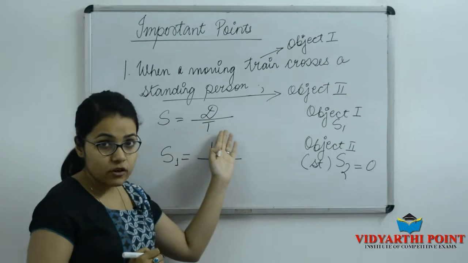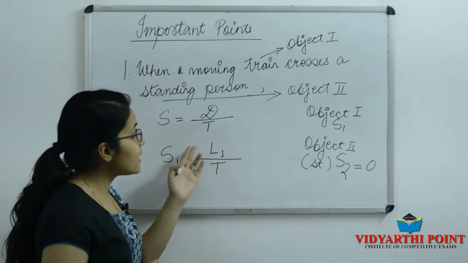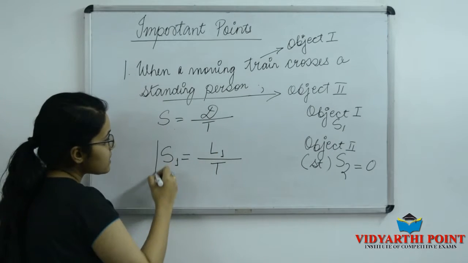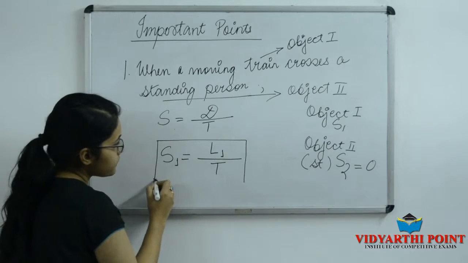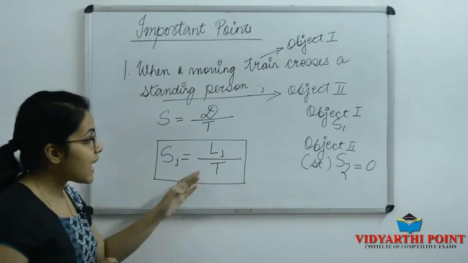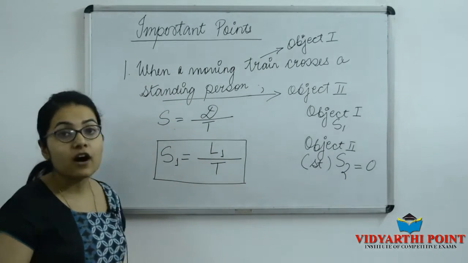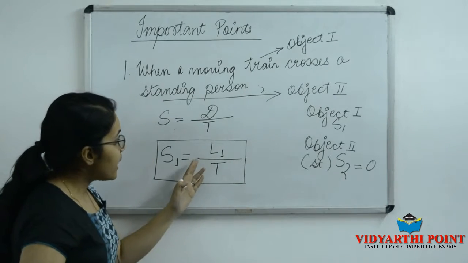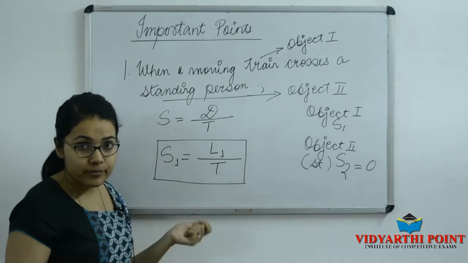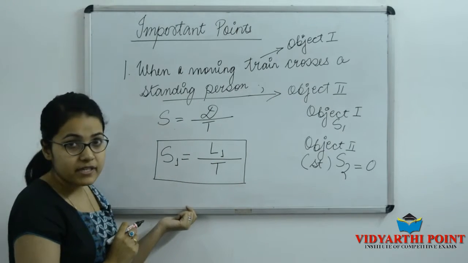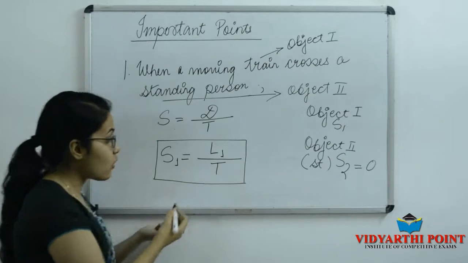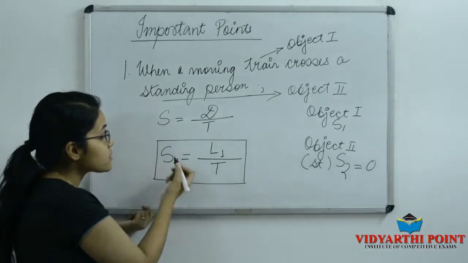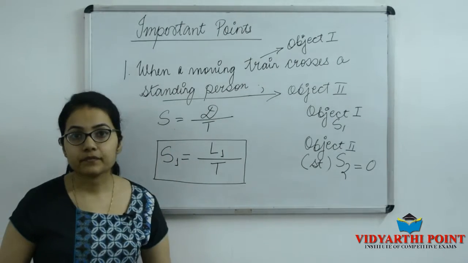So in place of distance we have to take the length of the train. So when a moving train crosses a standing person, S1 equals L1 by T. As I have said, T is always constant, but here L2 is not present because this is a standing person. So L1 is taken. S2 is 0 because the object is stationary, so speed 1 is taken.